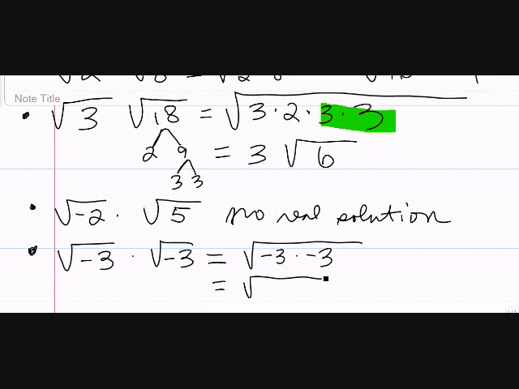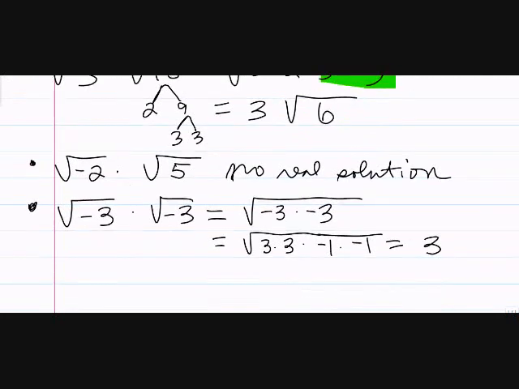I multiply, so this is the square root of 3 times 3 times, oh, I got a couple of negative 1's in there. We'll have to deal with those separately. Square root of 3 times 3, that's 3. And this square root of negative 1 times negative 1, I don't get to call that the square root of negative 1 and just call that 1. By definition, we just bring one of the negative signs out and call that negative 3.